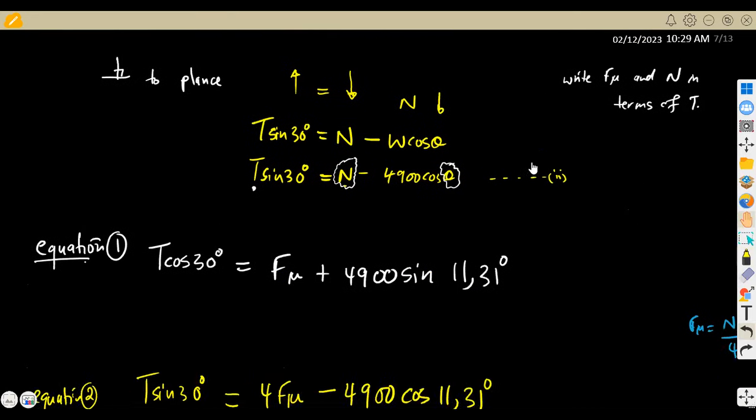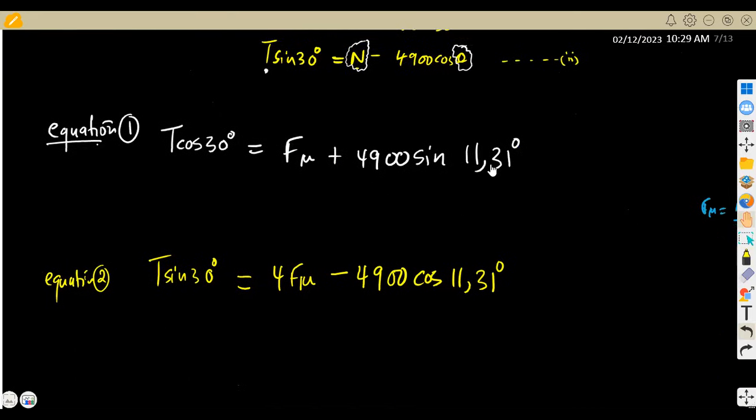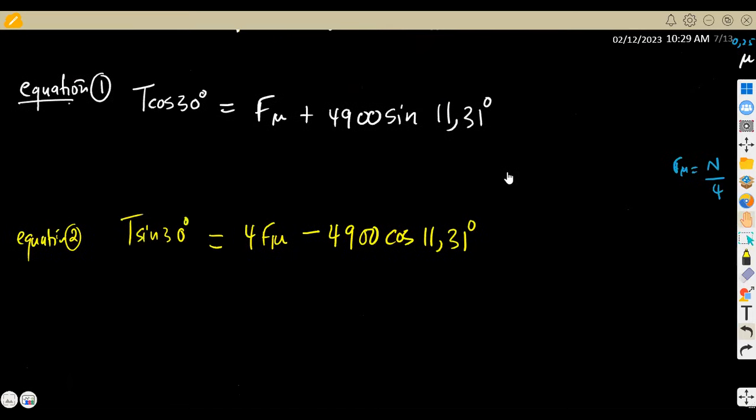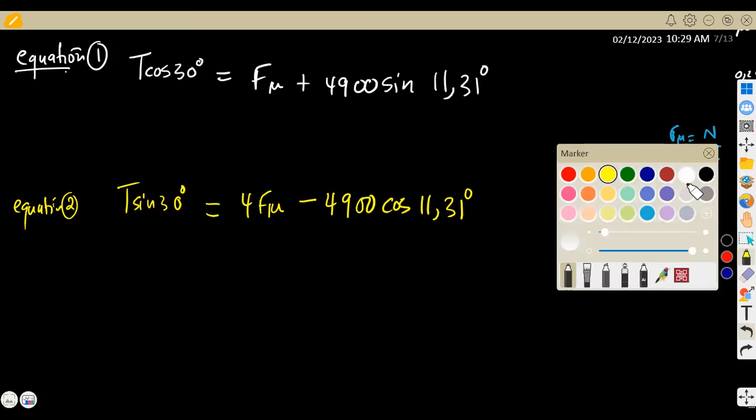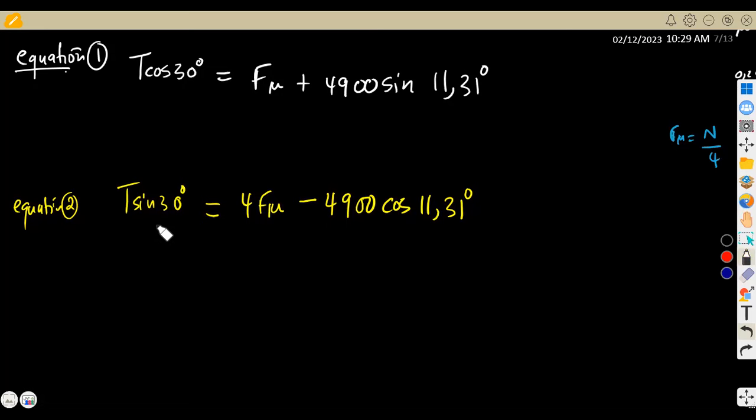This is now you and your mathematical skills. From equation 1, we can transpose and make the frictional force the subject of the formula, because we want to calculate T. We also make the frictional force the subject in equation 2, so that these two will be equal in values.